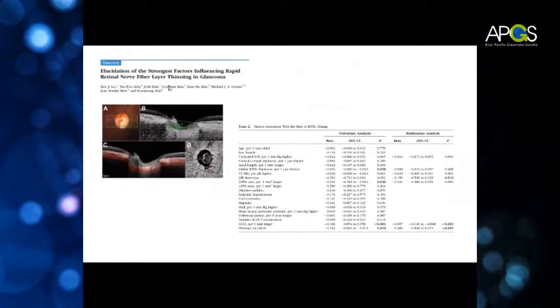Dr. Lee and Kim's group intended to determine which group of risk factors best explains the rapid progressive RNFL thinning in patients with primary open-angle glaucoma. They found that the regression tree models demonstrated that larger lamina cribrosa curvature index and then the presence of choroidal microvascular dropout, CMvD, were the first and second risk factors for faster RNFL thinning.